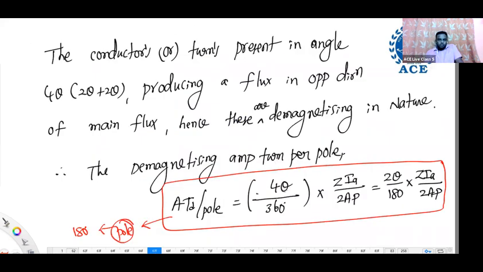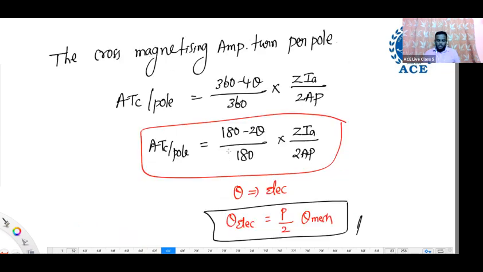The turns present in 4 theta angle out of 360 degrees, that's why 4 theta by 360 into the total ampere turn per pole. And cross magnetizing is the remaining, 360 minus 4 theta. The remaining turns produce cross magnetizing. That's why we multiply by ZIA by 2AP. Otherwise, how can we find ampere turn per pole?